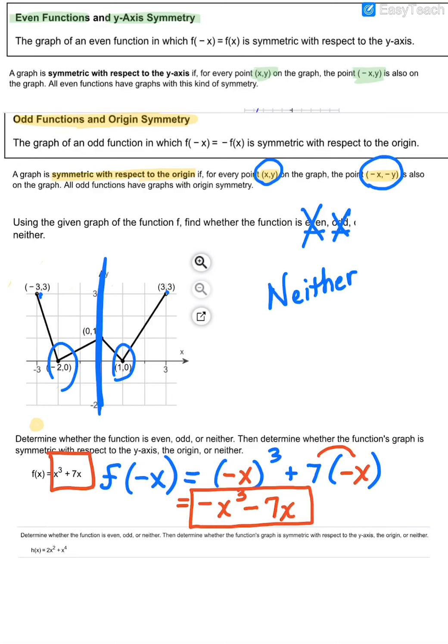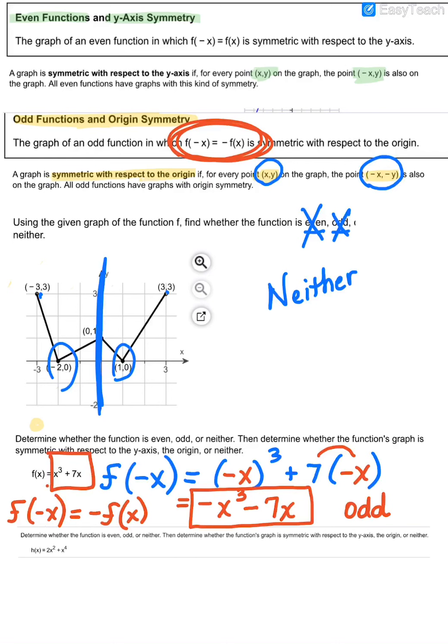If they are totally opposite of each other, in other words, if f evaluated at negative x has all opposite signs, where we say it's the negative of f of x, then as you can see up here with this definition, in that case it would be an odd function. So we consider this to be an odd function.